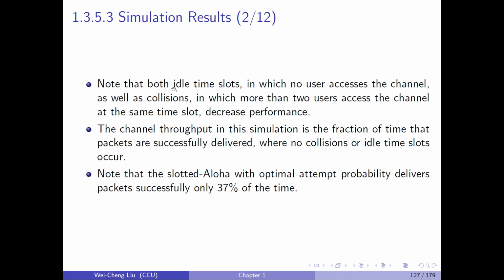Note that both idle time slots in which no user accesses the channel, as well as collisions in which more than two users access the channel at the same time slot, decrease performance.